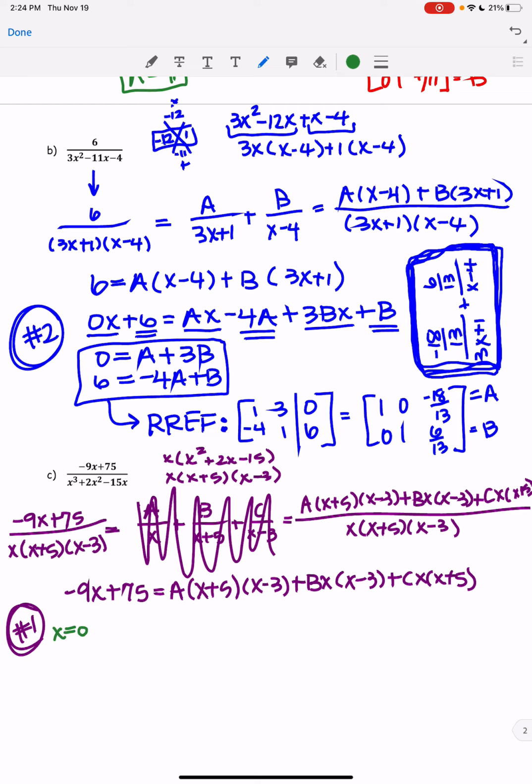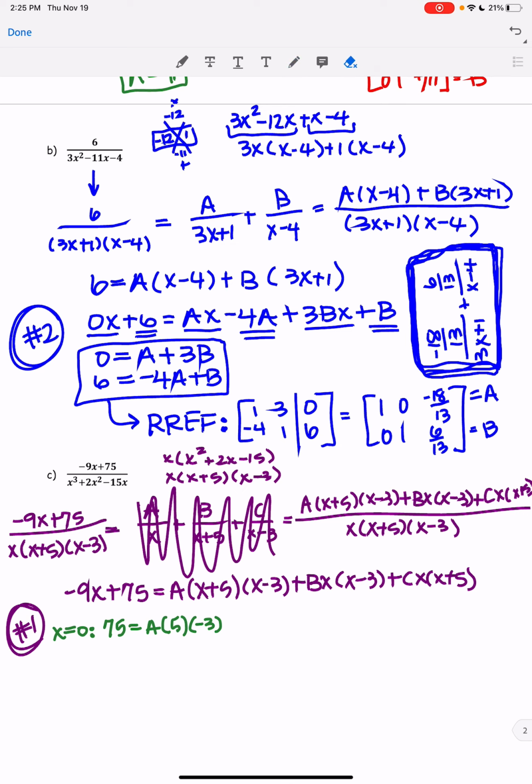When I put in x equals 0, that's going to zero this out. So I'm just left with 75 equals A times 0 plus 5, so just 5, and 0 minus 3, so times negative 3. When I put a 0 here, that zeroes out this entire term, and when I put a 0 here, that cancels out this entire term. So that's all I have.